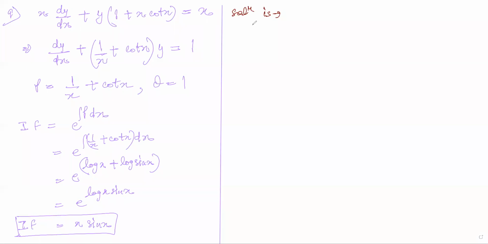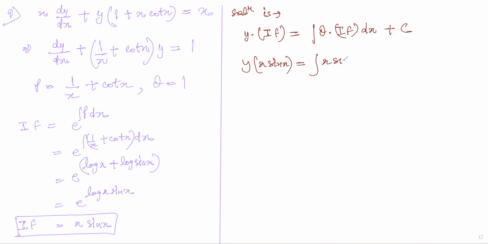Solution is y into integrating factor is equals to q into integrating factor into dx plus c. So this is y into x sin x, Q is 1, x sin x dx plus c.